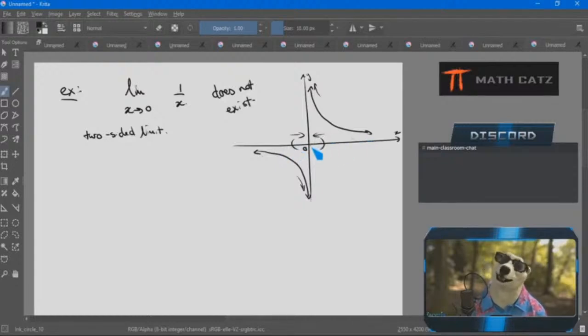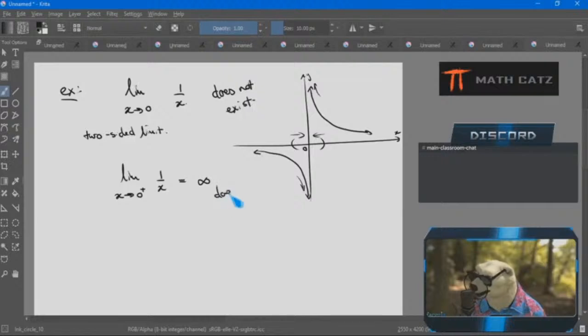If I come at 0 from the right, the y value is blowing up positive. So let's write that in our limit language. I'm approaching 0 from the right of my function. Then I can say it's positive infinity.